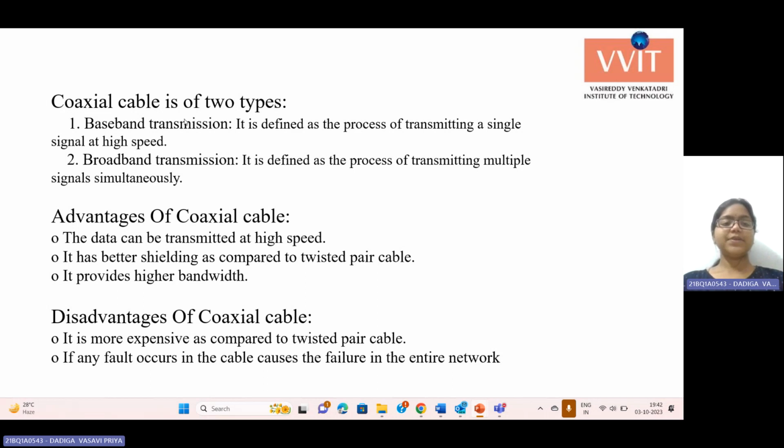In baseband, we transmit only one signal, whereas in broadband, we transmit multiple signals. Coming to advantages of coaxial cable, data can be transmitted at high speed, there is better shielding in coaxial cable when compared to twisted cable, and it also provides higher bandwidth.